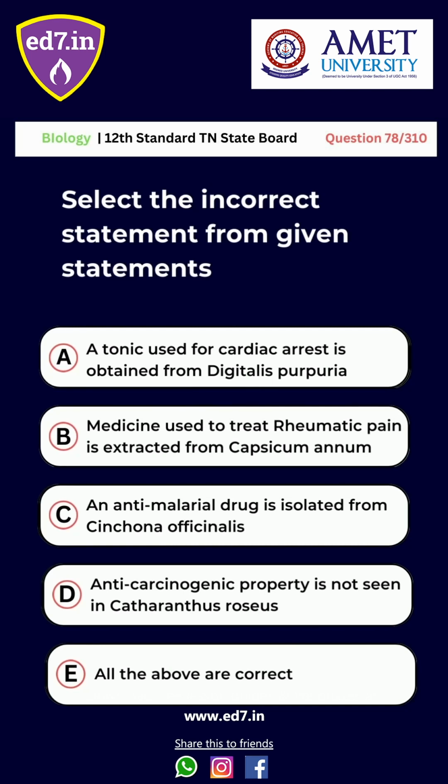C, an anti-malarial drug is isolated from Cinchona officinalis. D, anti-carcinogenic property is not seen in Catharanthus roseus. E, all the above are correct. The right answer is option E, all the above are correct.